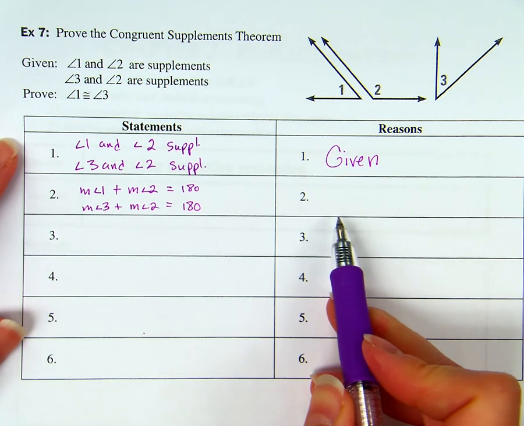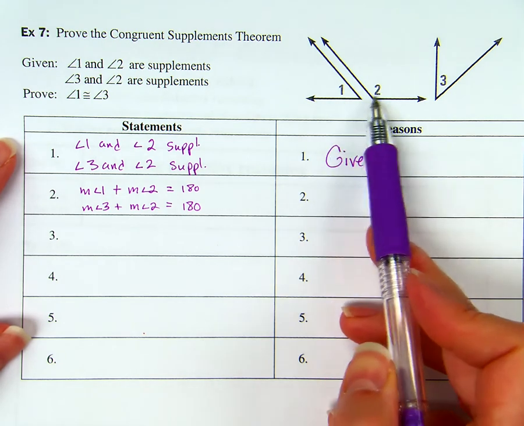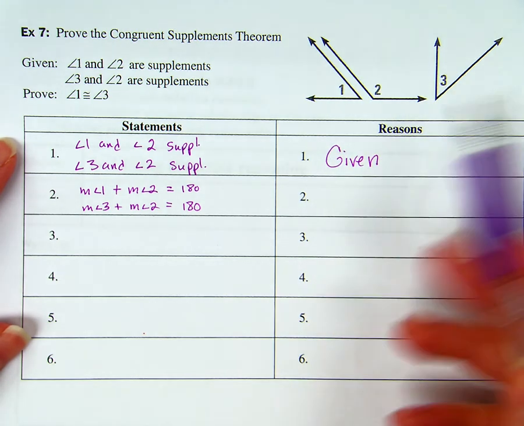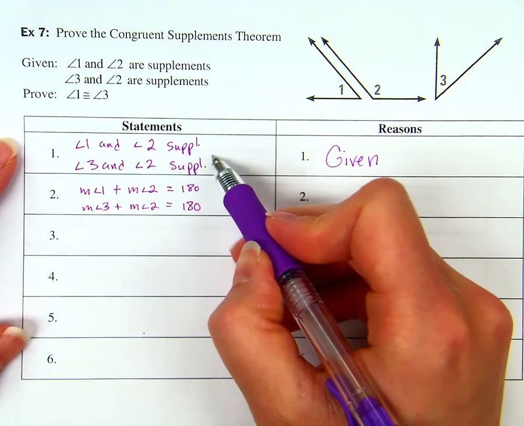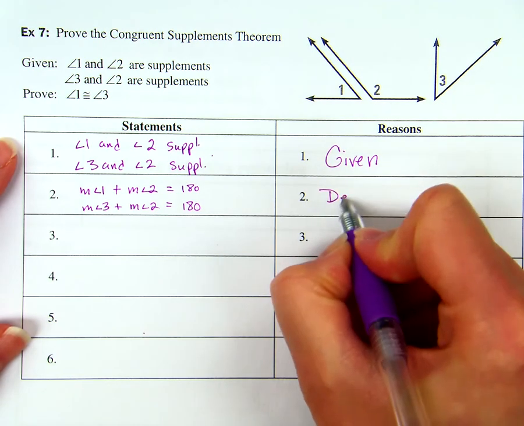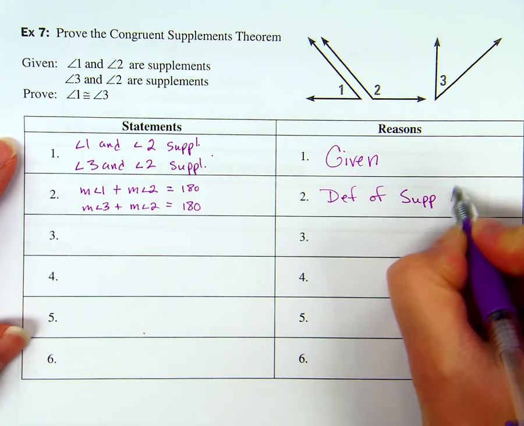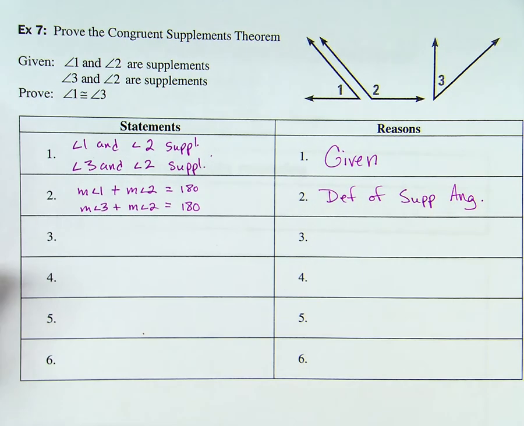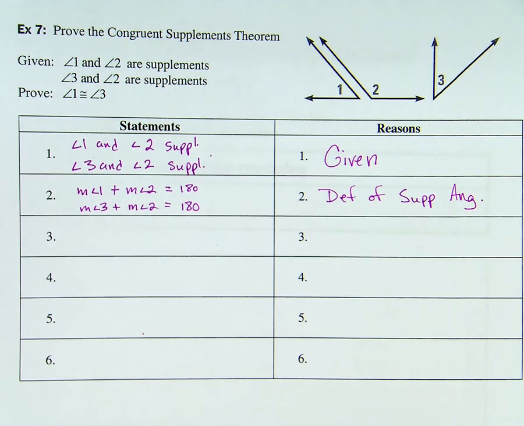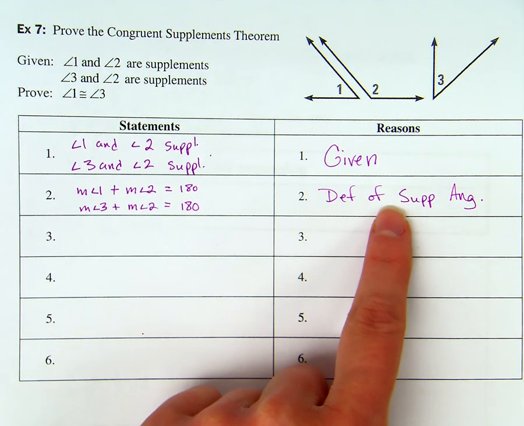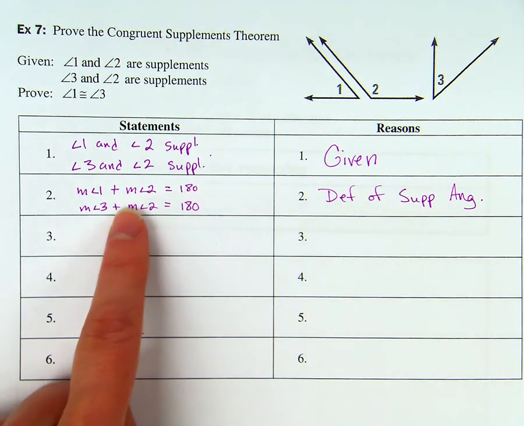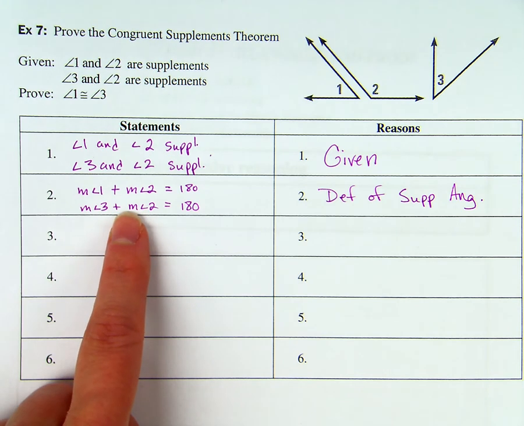Now in the last proof we used linear pair postulate, but notice these aren't in fact linear pairs. They're not connected, they're not adjacent. But we do know that they're supplements from our given information, so we're just going to say definition of supplementary angles here, as opposed to our linear pair postulate. Other than this reason being different, our steps are starting to look very similar to what we did in the last proof.